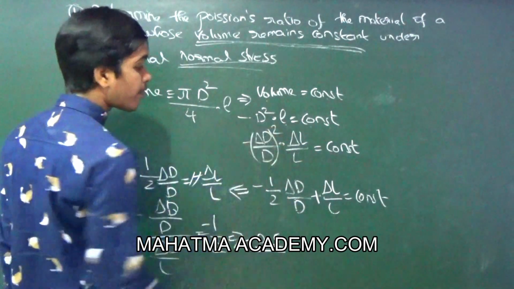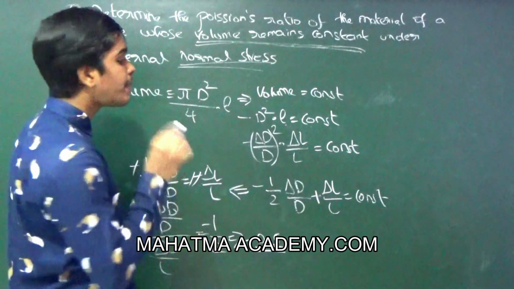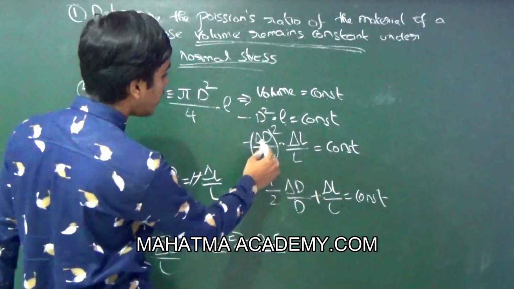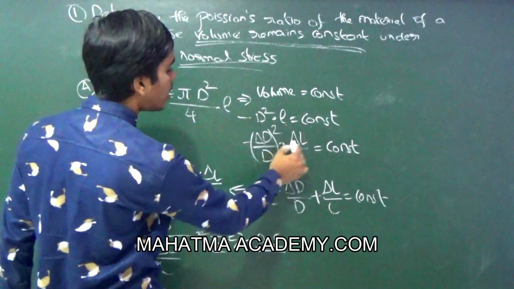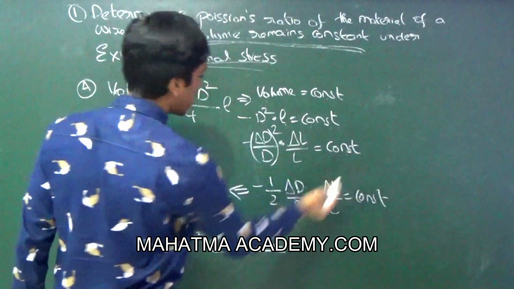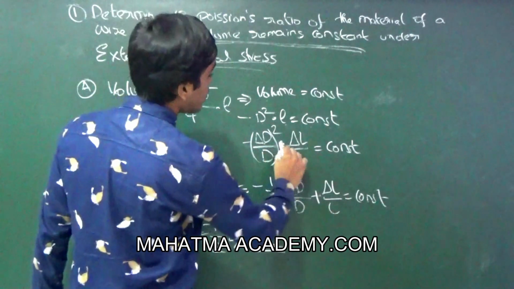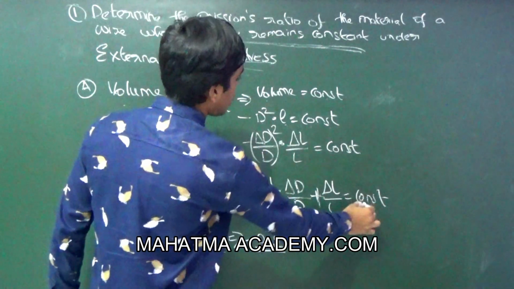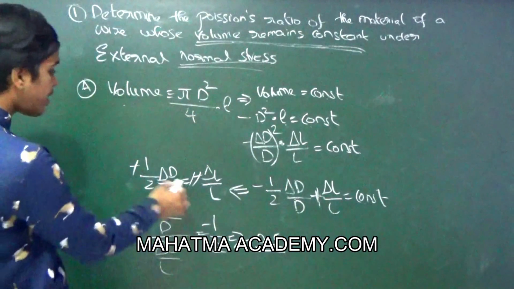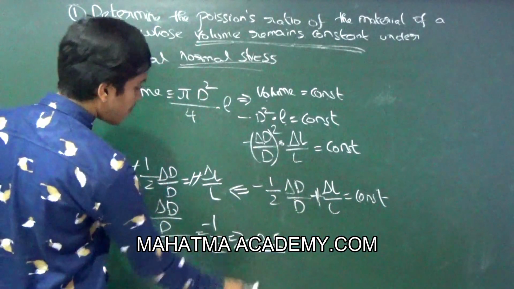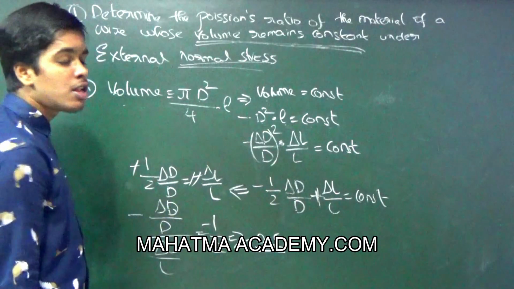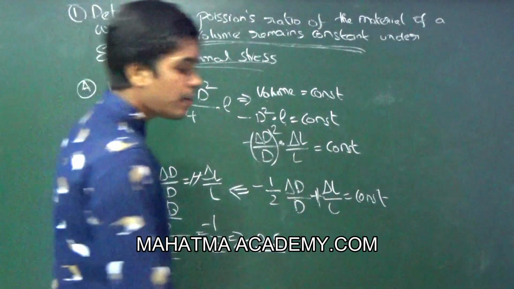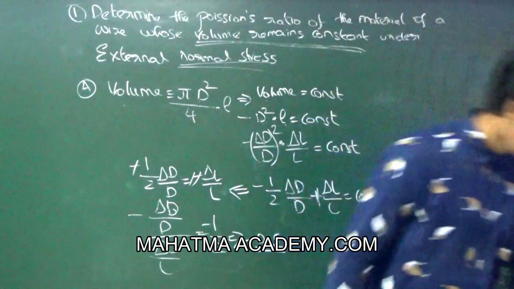By the uncertainty law from the units and dimensions chapter, it is delta d by d whole square into L by L, which is constant. From this we can get the result. So we have completed the Poisson's ratio first problem. First copy this. We will discuss the second problem.